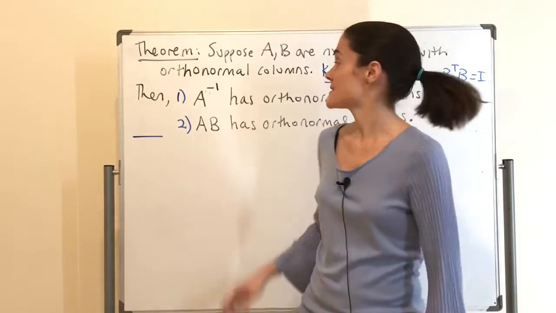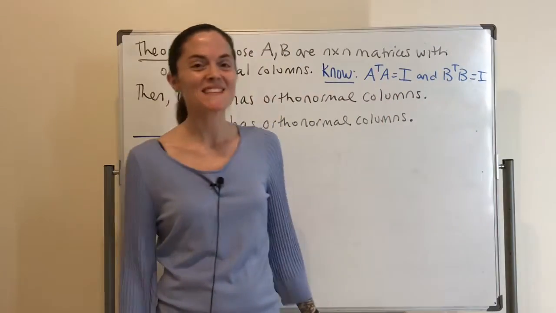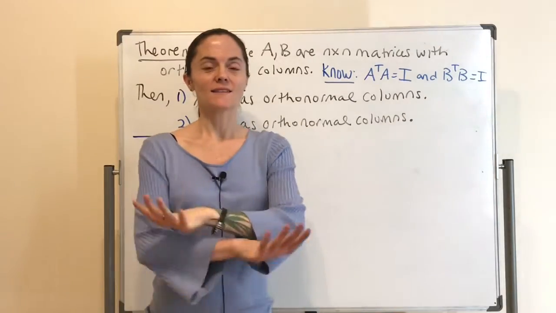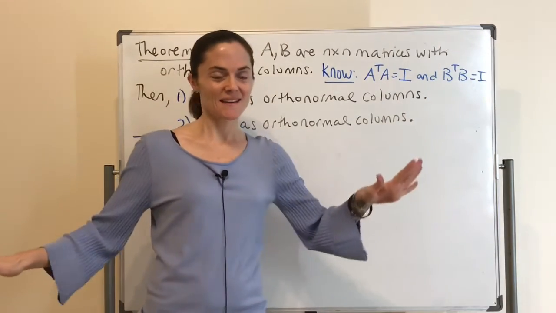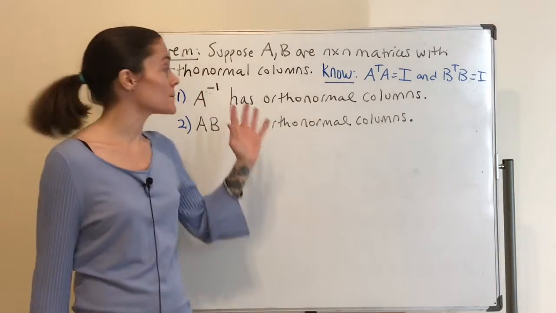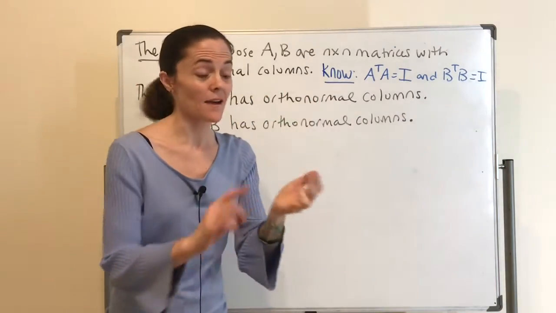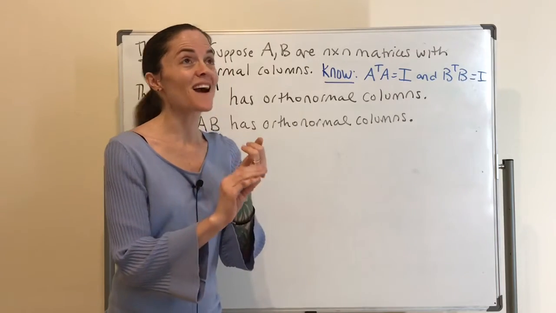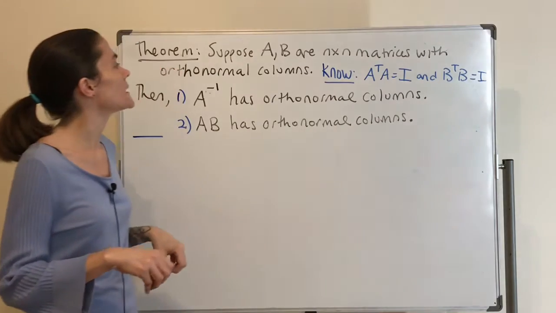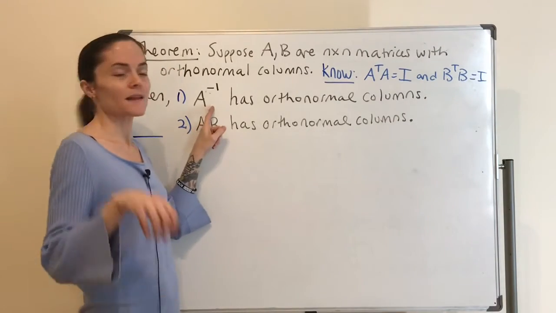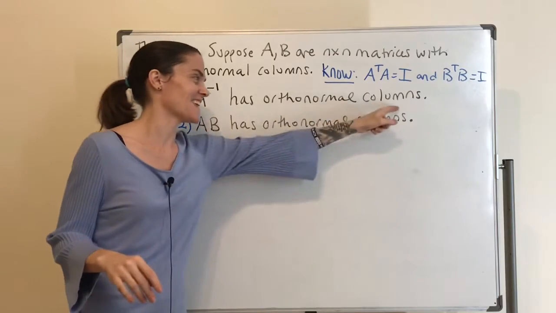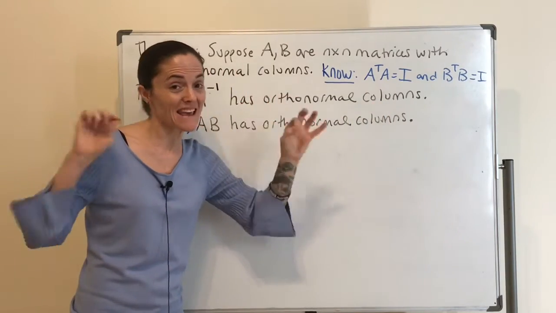I'd like to discuss a theorem that comes up from this. Let's suppose A and B are square n by n matrices with orthonormal columns. And this is just a short way to say that the columns of A and similarly the columns of B are orthonormal bases for Rn. Then, one, the columns of A inverse are orthonormal bases for Rn. It's the same thing as this, because A inverse is also n by n square.